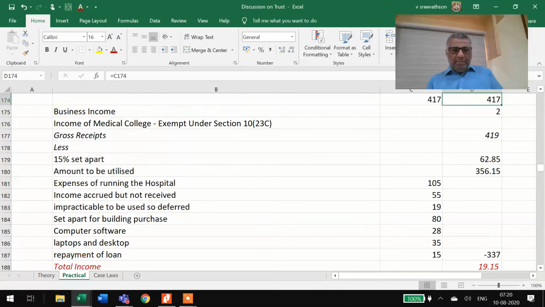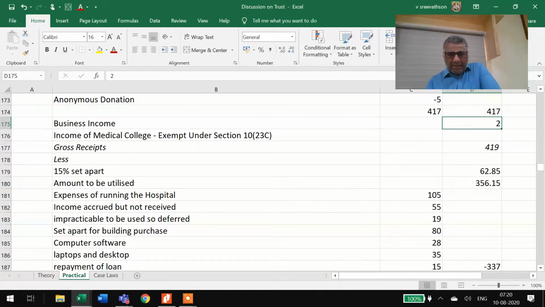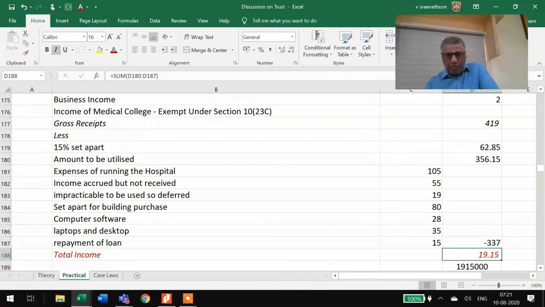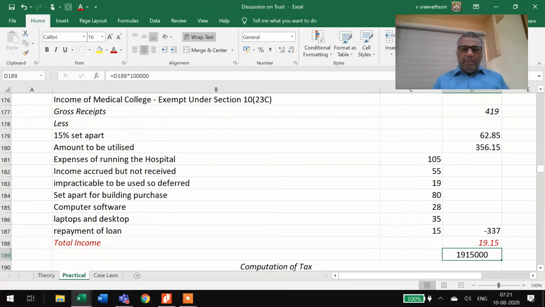So 19.15, my dear friends. Gross receipt is 425 minus 3 minus 5. So we are getting 417. Business income 2, 419 is my total. 15% set apart. Amount to be utilized and actually utilized gives me a total income of 19 lakh 15,000. 1915.